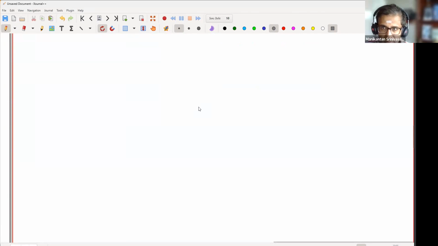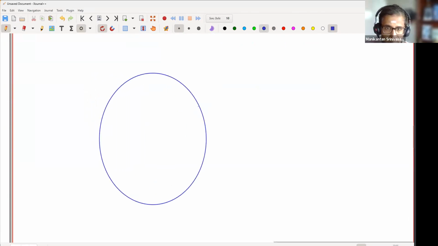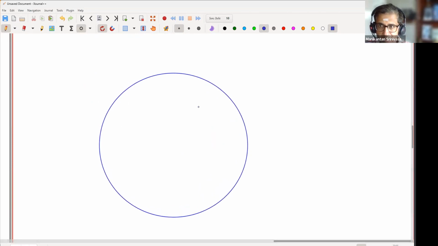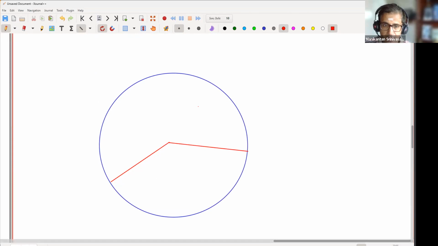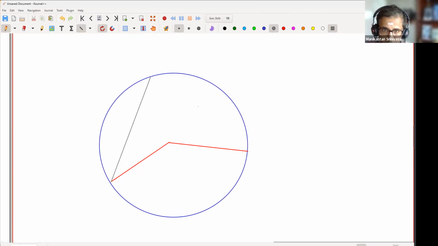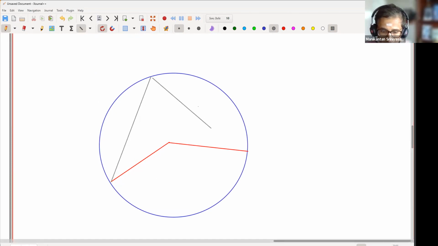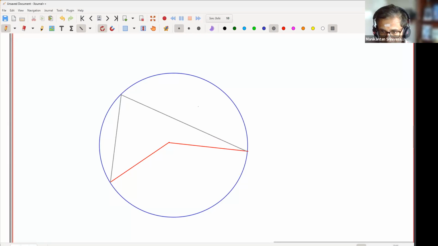I'll draw another diagram. That way it will be a little clearer. I'll draw a much bigger diagram, and then I will draw from here to here and a much bigger angle like this. Then I touch somewhere on the circle and come back here. It doesn't have to be symmetric. It can be closer here and farther from here.